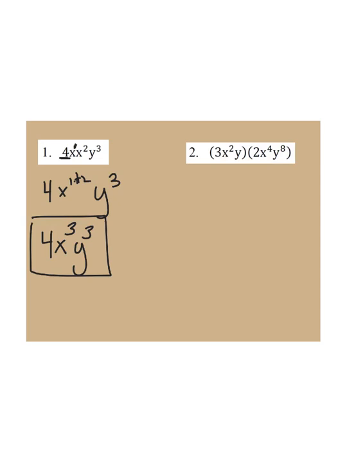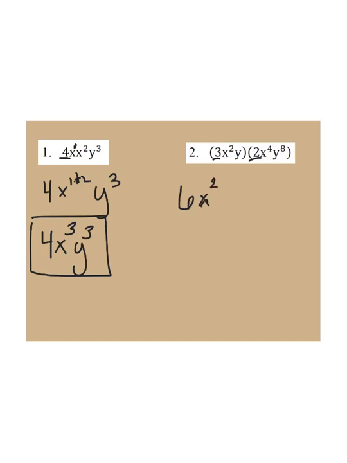Number 2. I have 3 times x squared times y times 2 times x to the 4th times y to the 8th. I'm going to multiply the coefficients. 3 times 2 gives me 6. And then I have x squared times x to the 4th. Remember, when I multiply, I'm going to add those powers.